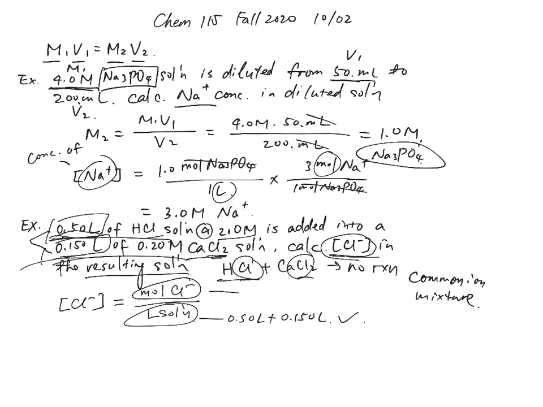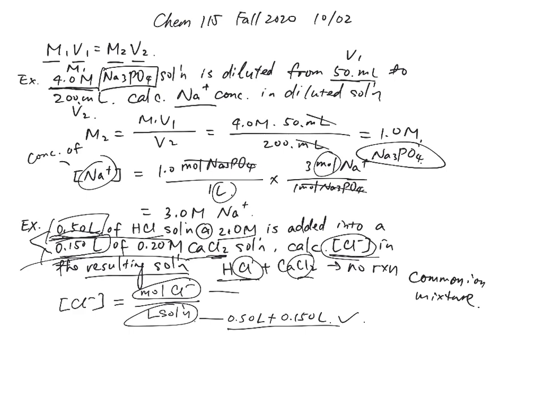But hey, I just need the total moles of chloride ion, and the chloride ion from HCl and the chloride from CaCl2 shouldn't have any difference between them. So how should I get that? You get the total volume of the solution by adding the two individual volumes together.